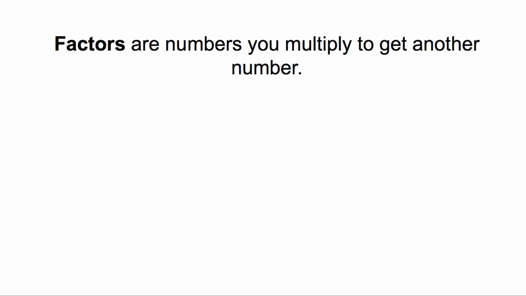Factors are numbers that you multiply to get another number. Let's look at the number 6. 3 times 2 equals 6. These numbers that you multiplied are the factors of 6. It's what times what will give you 6. So now that we're thinking about 6, there's another option.